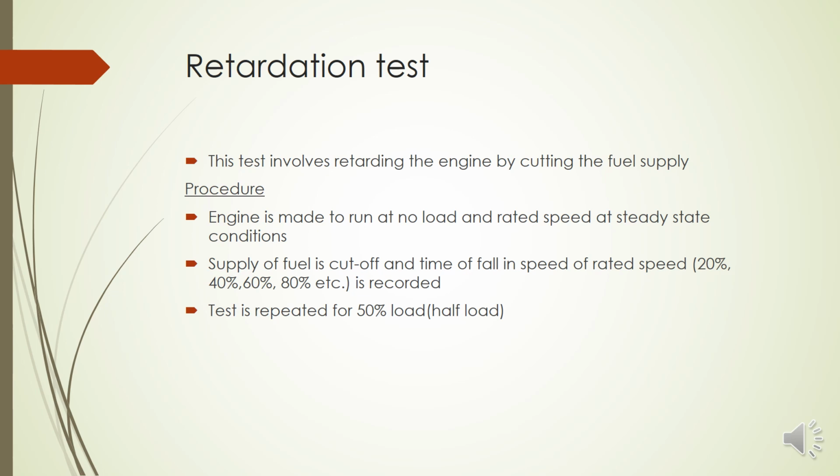Now this same procedure is repeated at half load also. At half load you run at rated speed, then the fuel is cut off, again the speed will fall, and you note down the time for a particular speed reduction. So we do this at no load and half load.